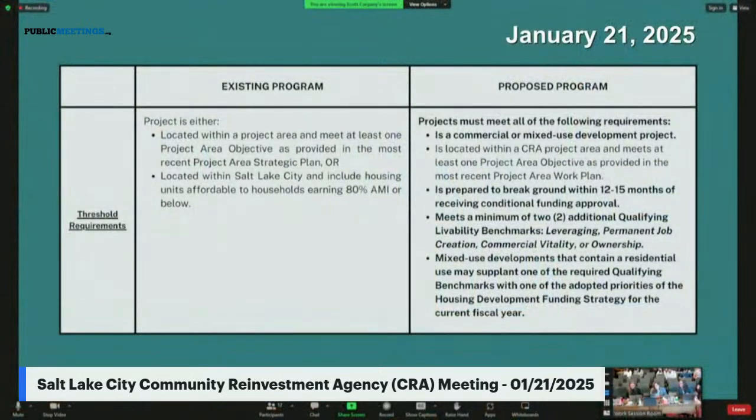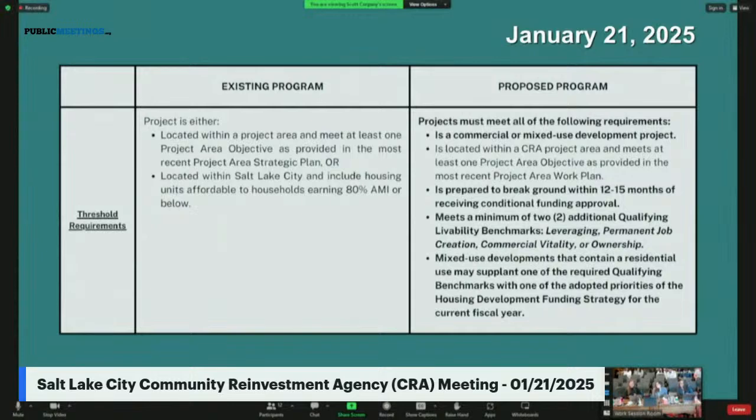So it would have to be commercial or mixed use in a project area, prepared to break ground in a timely manner, meet a minimum of 2 qualifying benchmarks, and then we list what those are. And then the intent of those benchmarks are in the attachment, but we'd actually define criteria in the guidelines.